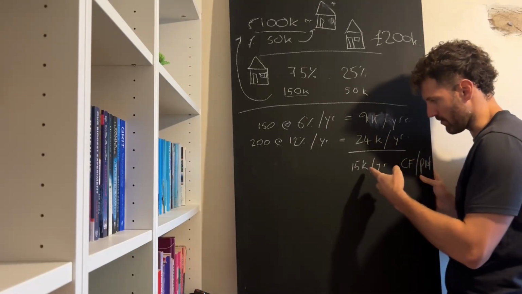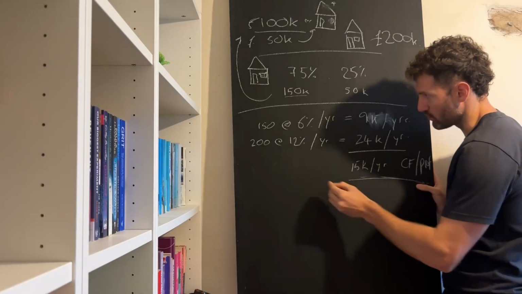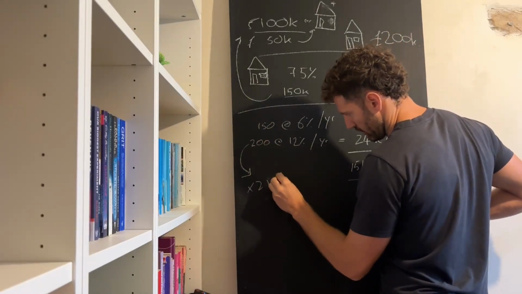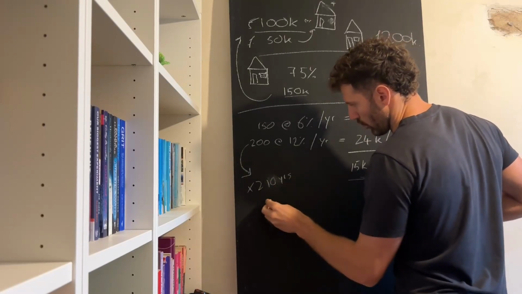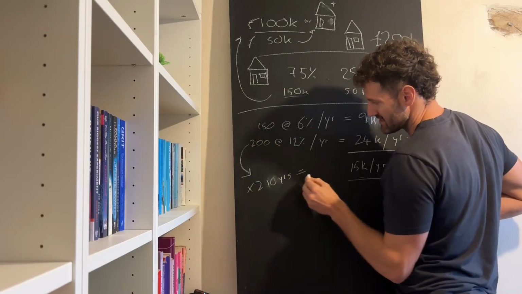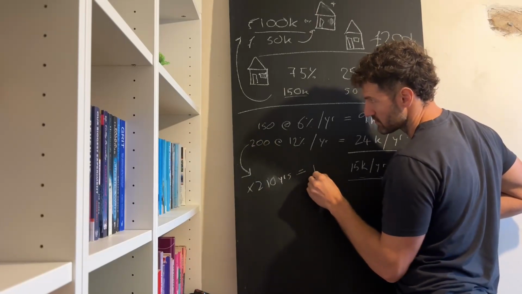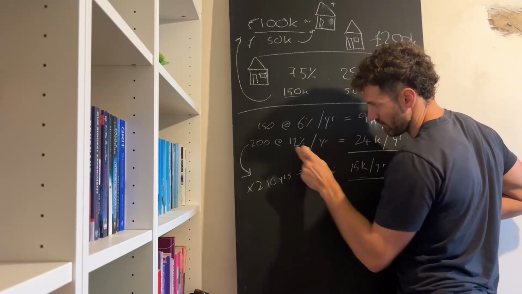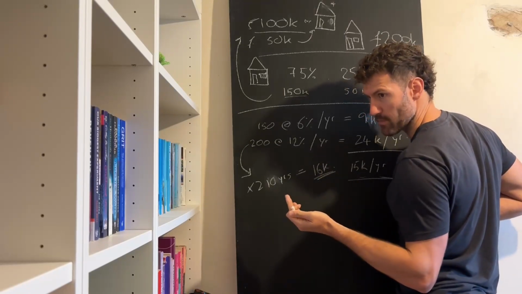And it doesn't actually stop there, because you also get this asset doubling every 10 years. So you're creating value there. It means every year you're adding somewhere in the region of 16k in value to that asset just by holding it, just by being in the market.